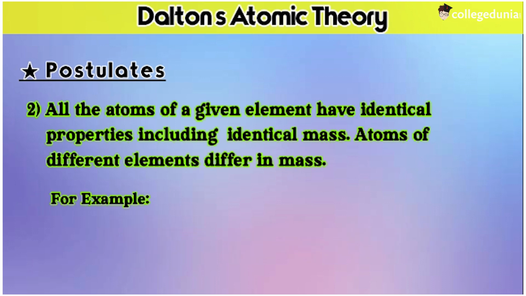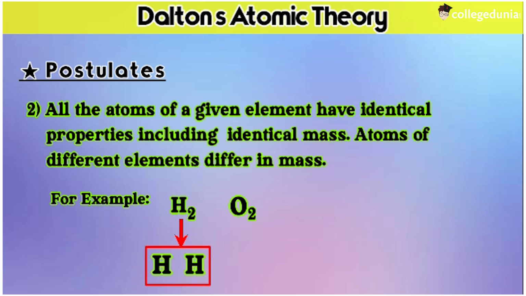For example, let's take two elements which are H2 and O2. Now if we see, H2 contains two hydrogen atoms, right? And similarly O2 contains two oxygen atoms. So here, according to this postulate, the properties of this one atom of hydrogen will be similar to this another atom of hydrogen and all the other atoms of hydrogen too.